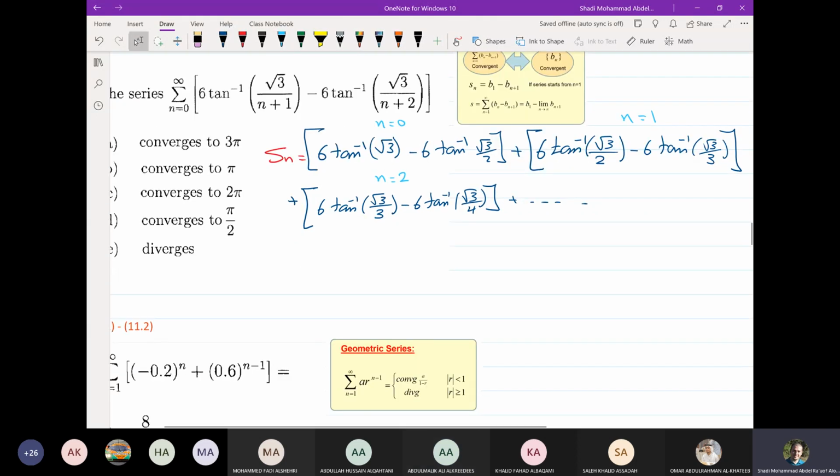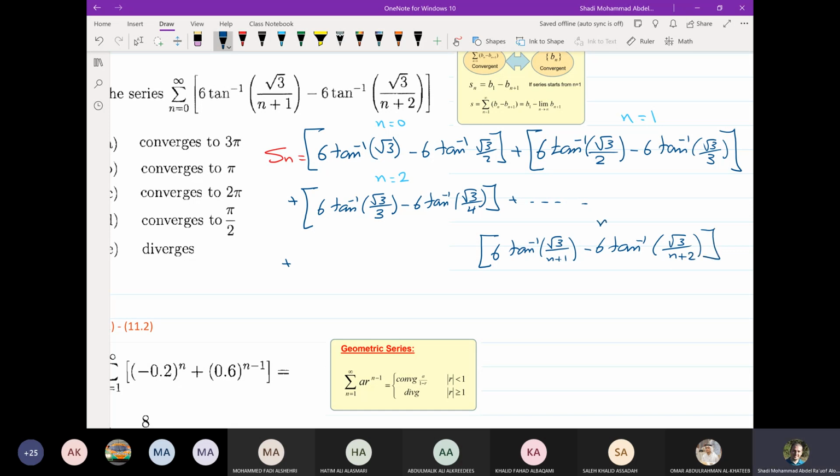Can you give me the term for the previous n? I know the general term, it is the same as the rule: 6 tan inverse of root 3 over n plus 1, minus 6 tan inverse of root 3 over n plus 2.